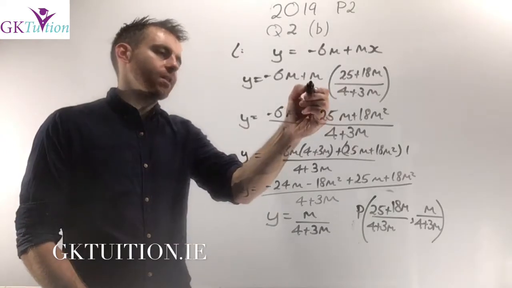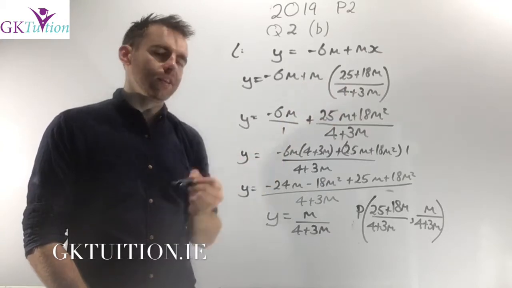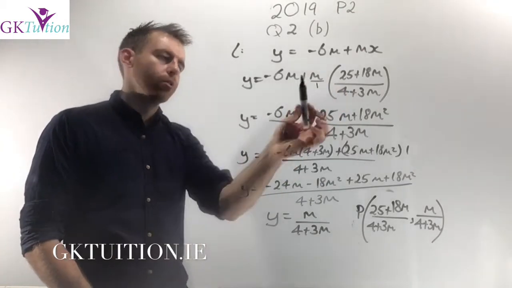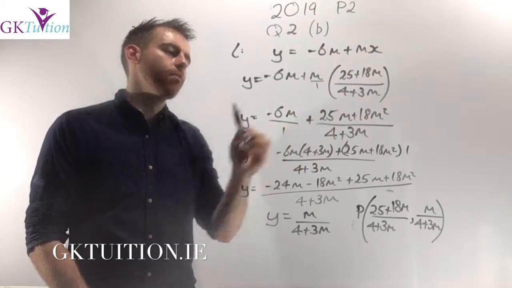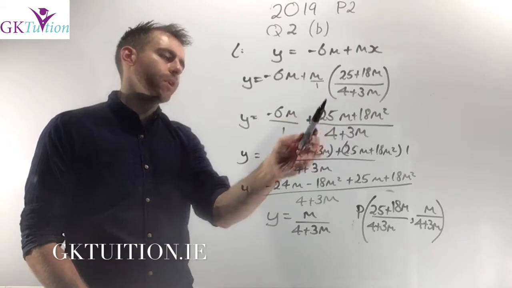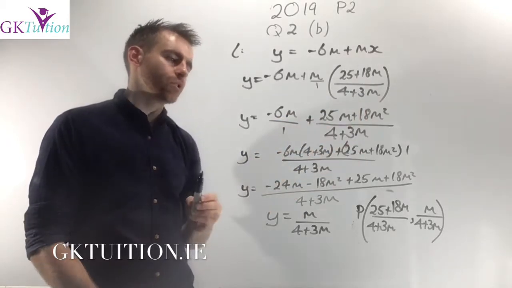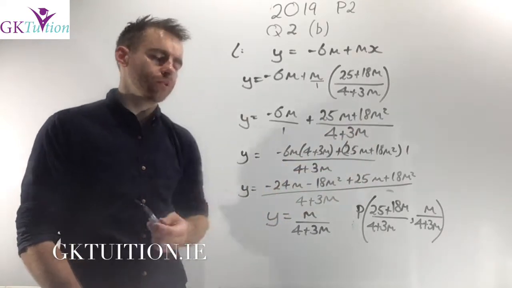So on the next line, I have a fraction and I'm multiplying m by this fraction. I'm viewing that as m over 1. To multiply m over 1 by this fraction, you just multiply the tops by each other and the bottoms by each other. m by 25 is 25m, m by 18m is 18m squared, and that's all over 1 by 4 plus 3m, which is just 4 plus 3m.